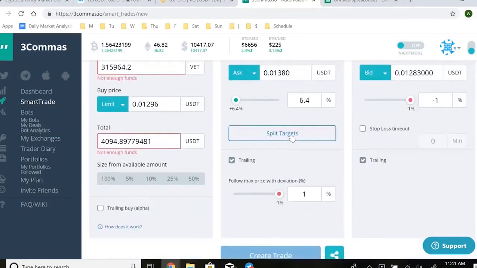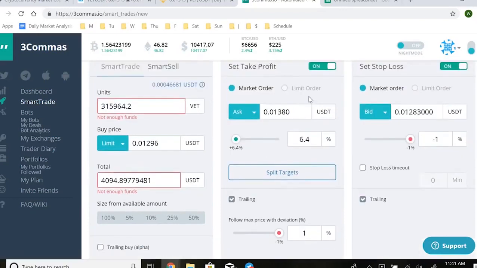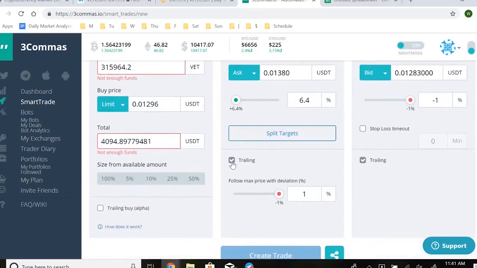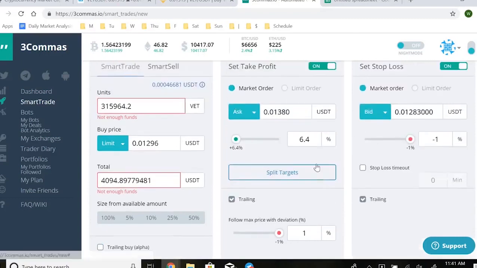With 3COMMAS, it actually automates the whole process once you set the rules using the API key. So now that we did that, there's one other thing that I wanted to do, which is actually check off the trailing box and then follow max price with deviation minus 1%. Now what this actually does is as the price of the asset continues to rise, it will actually trail your order to sell to take profit.